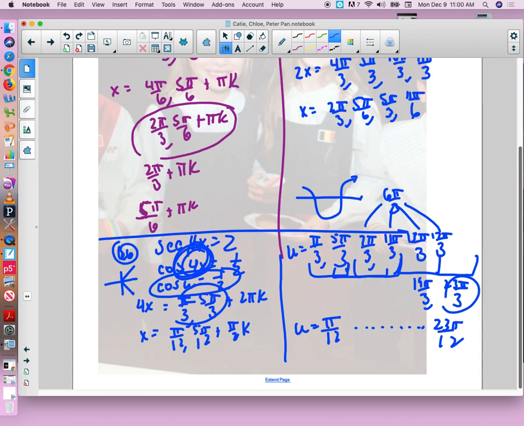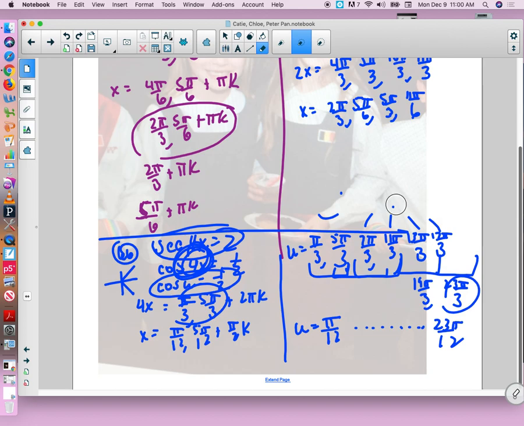So if we turned on our calculator and looked at this graph, quite literally, if we looked at secant x equals 2, we would see this. Secant x looks like this.